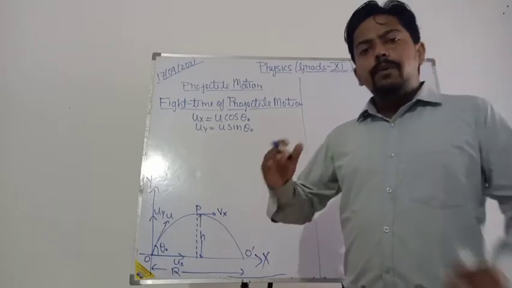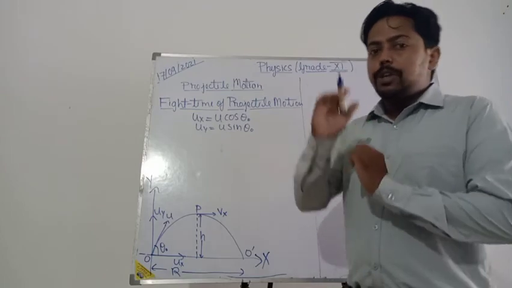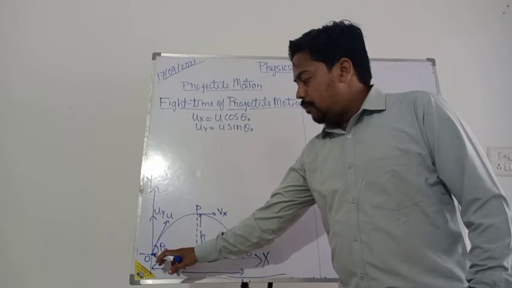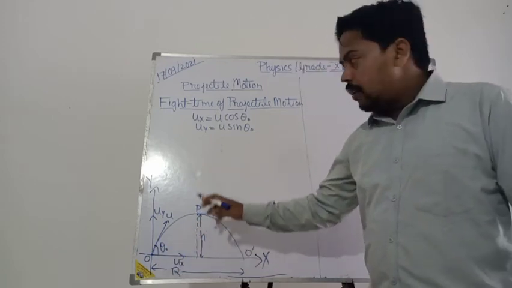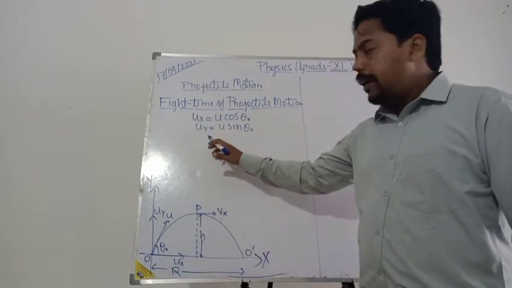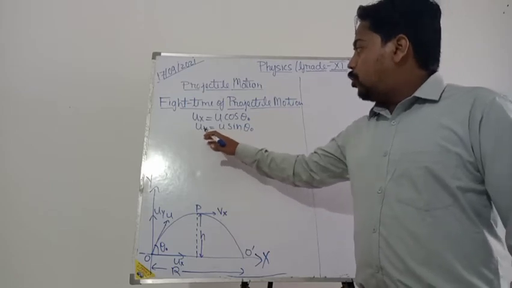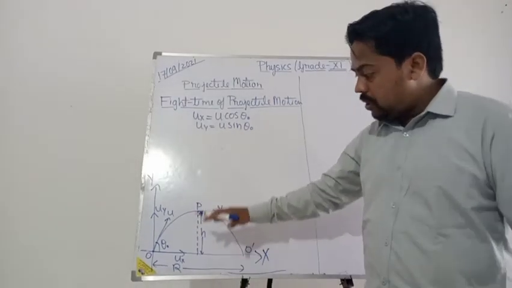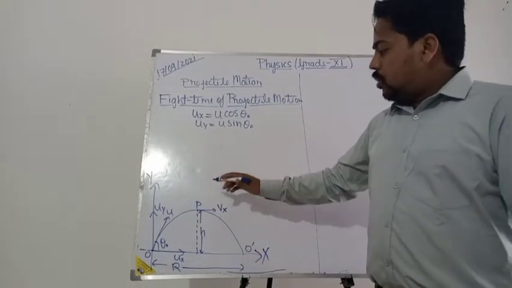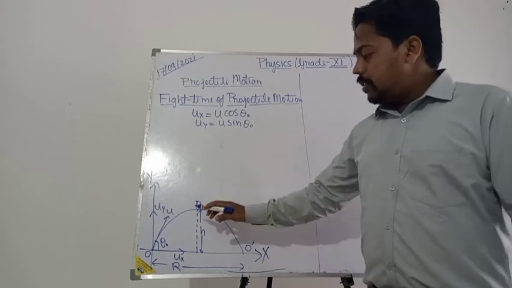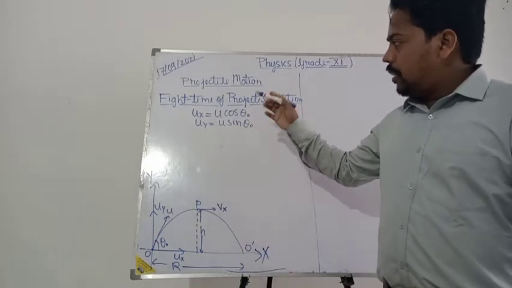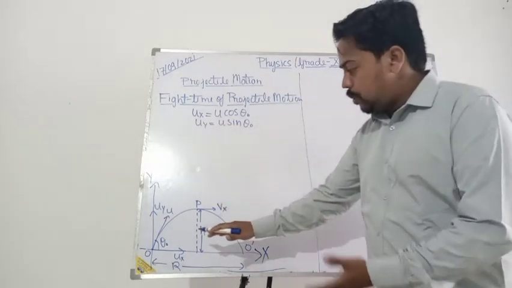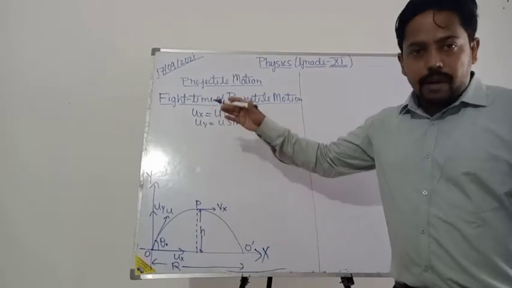Which component of the initial velocity is responsible for carrying the particle from the zero level to a certain height? Obviously, out of the two components, the second one, the uy component, the vertical component, because we are talking about vertical height. So at this point the contribution of velocity will be uy, which is responsible for the particle to gain height.